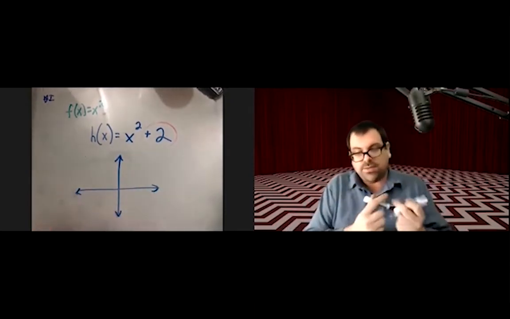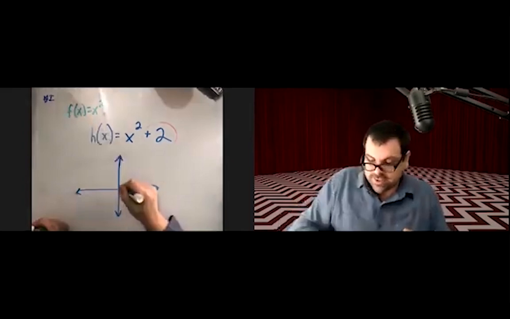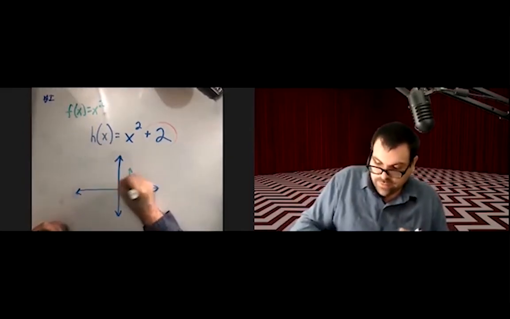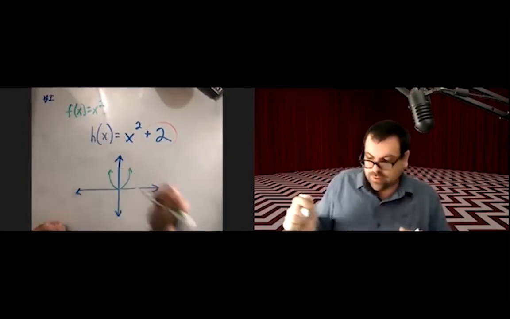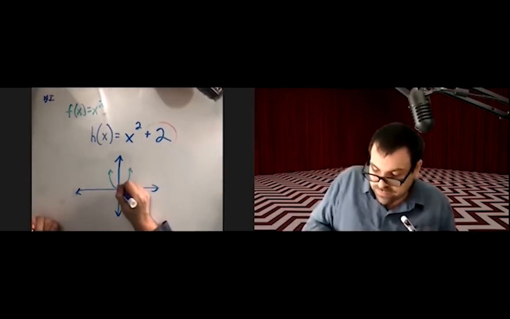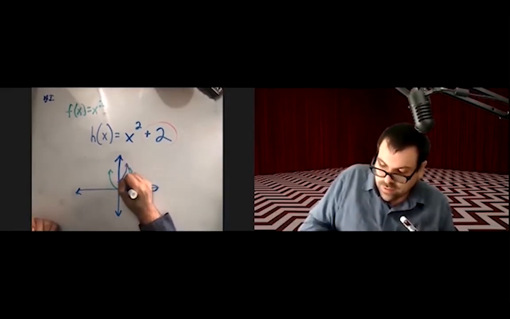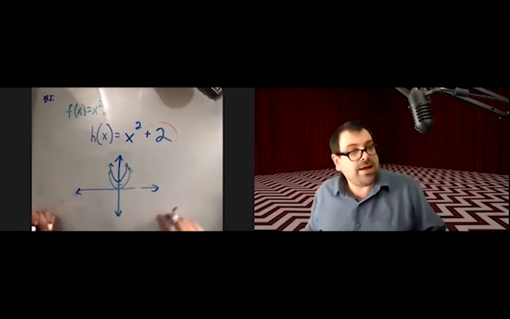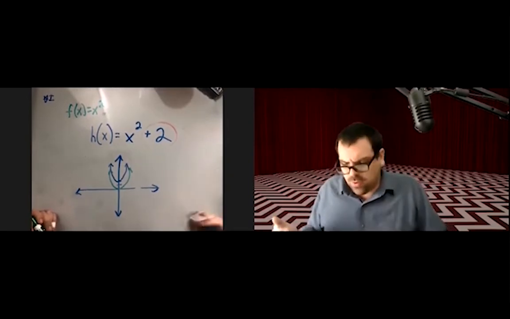It means the original x squared graph looks like that. If we move it up 2, it'll look like that. How do we know where to draw?